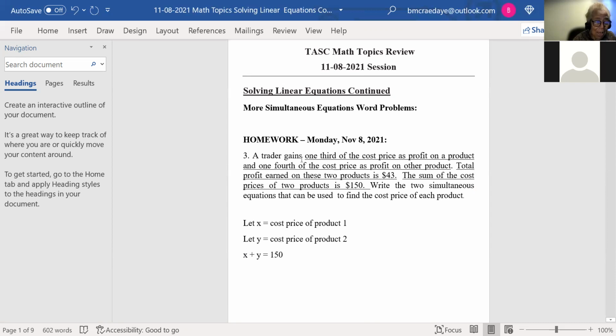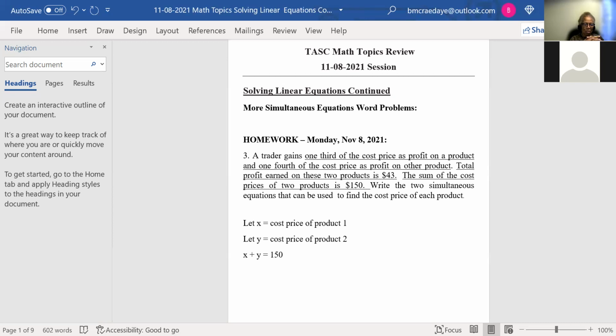Now, how do I show that 1/3 of one of the cost prices is the profit and 1/4 of the other cost price is the profit, and the sum of those two profits is $43? How would I show that? So what we would do, when you say 1/3 of something, what mathematical operation is that? 1/3.